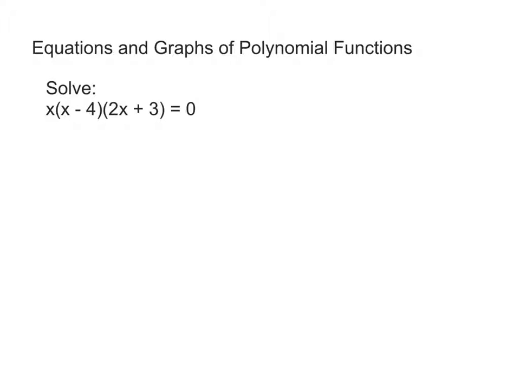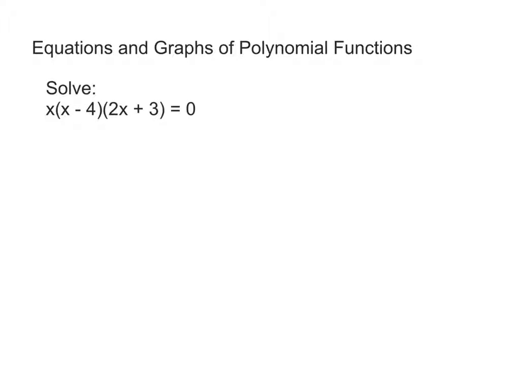This one's actually cubic, but we solve it similar to the way that we do a quadratic. Usually we solve by factoring. You could solve by graphing too, but we're going to solve this one by factoring, and the nice thing is it's already factored. If you have a polynomial function and it asks you to solve, make it equal to 0 if it's not already, and then factor. So this one's already equal to 0, already factored.